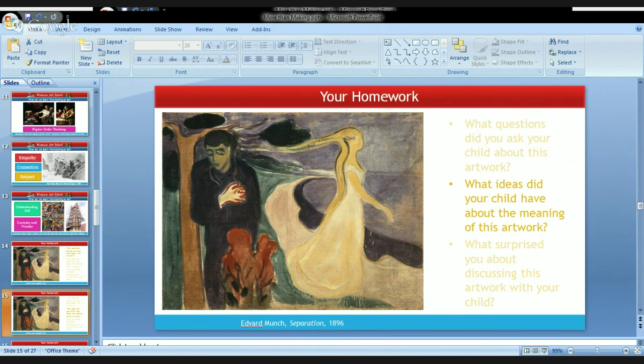Okay, now that this lag has gone through, I'm starting to see your answers for what ideas your child had about the meaning. So the color combination was disturbing, and I think that's a great comment. This artist was really good at those disturbing color combinations. It's the same artist who did the Scream painting. They got the title of Separation.